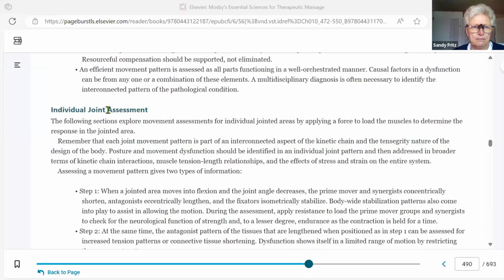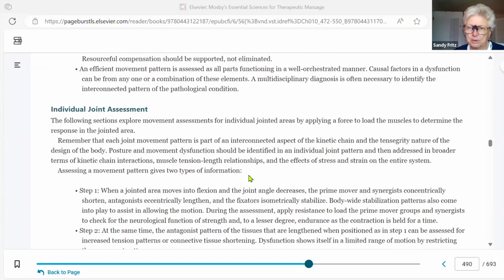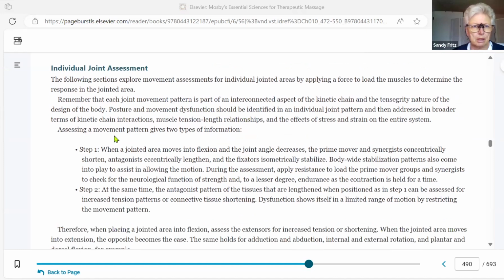So the individual joint assessments that we're going to get to here are looking to see, there's two parts to it. It's looking to see how the jointed area functions in an isolation of movement, so flexion, extension, or adduction, abduction.